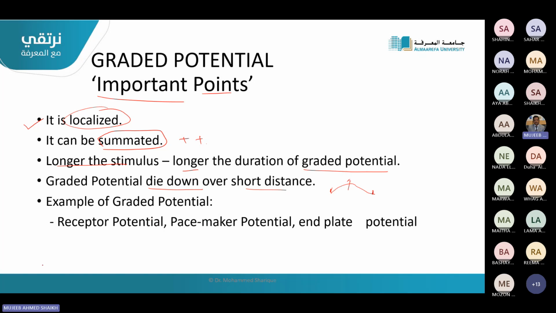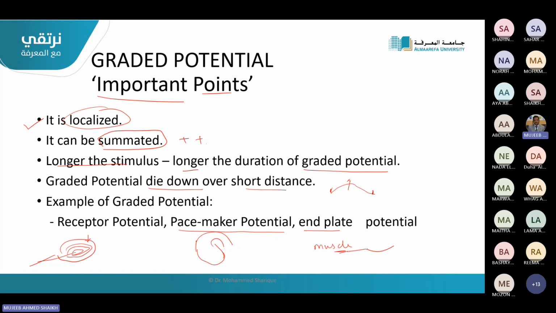Now, examples of graded potential are the potentials which are recorded in the receptor. What does it mean by receptor? Like touch receptor, pain receptor. So it is recorded here in the receptors, or it may be recorded in the pacemaker cells of the heart, or in the muscle end plate.